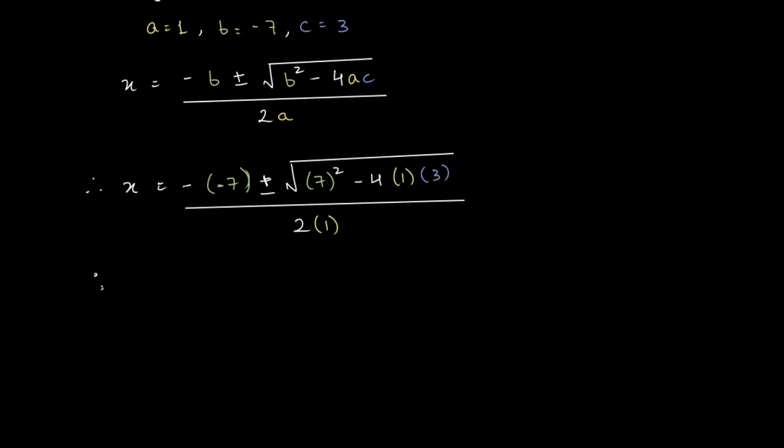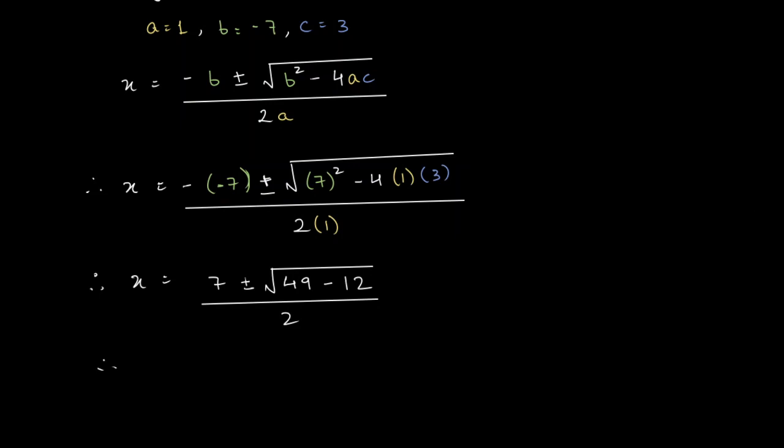Now all we need to do is solve this part over here. Minus of minus 7 will make it plus 7. So it's plus or minus square root of b squared minus 4ac, so 7 squared is 49, minus 4 into 1 is 4, 4 into 3 is 12, square root of that entire thing divided by 2.